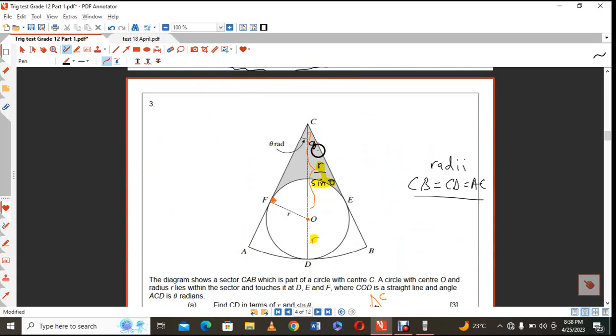So this here will also be theta radians. You agree? So this whole thing in a nutshell will be theta plus theta, which must give you 2 theta. So that whole angle ACB should be 2 theta.